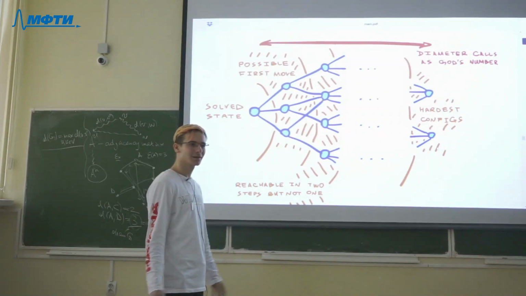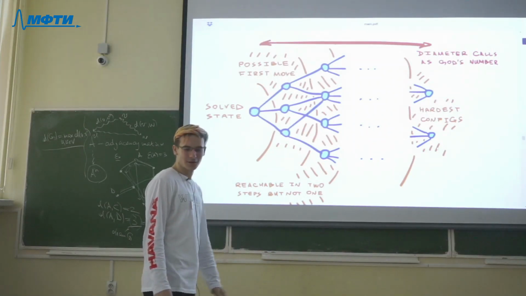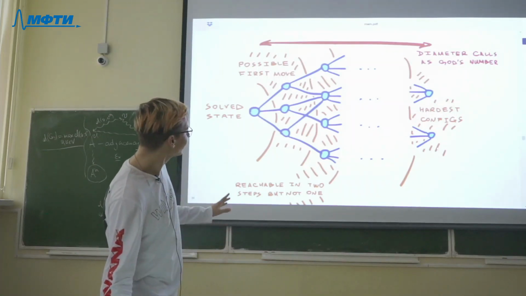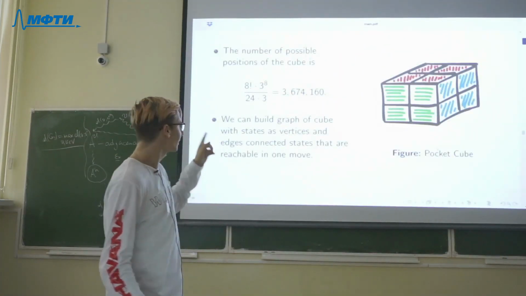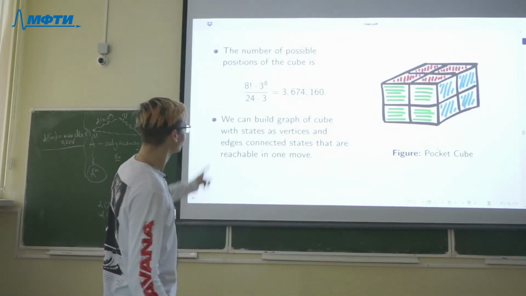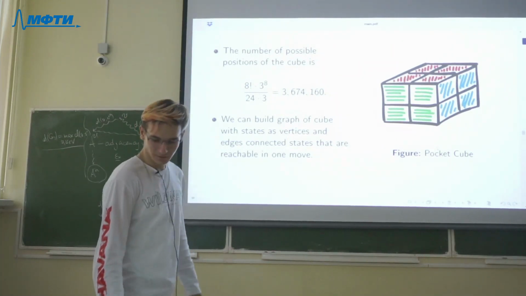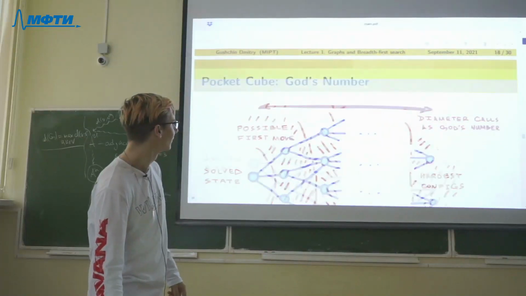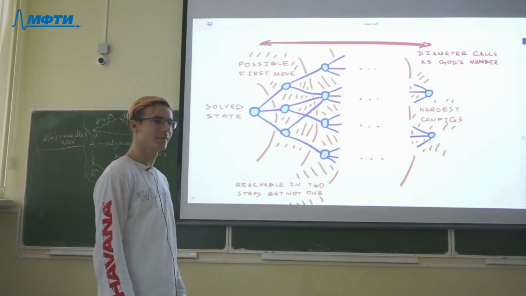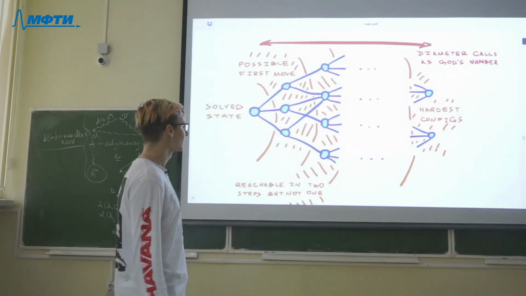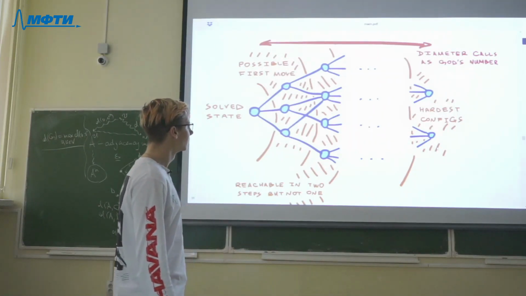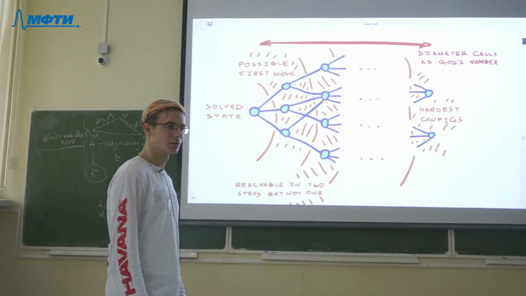Some hypothesis? Okay, the graph contains more than 3 million vertices. And what is the diameter? The longest path between 2 vertices. It can be.